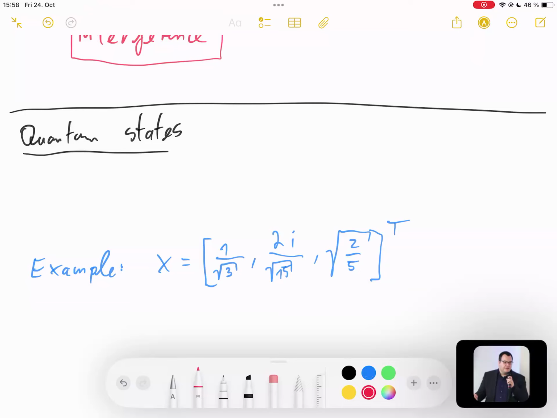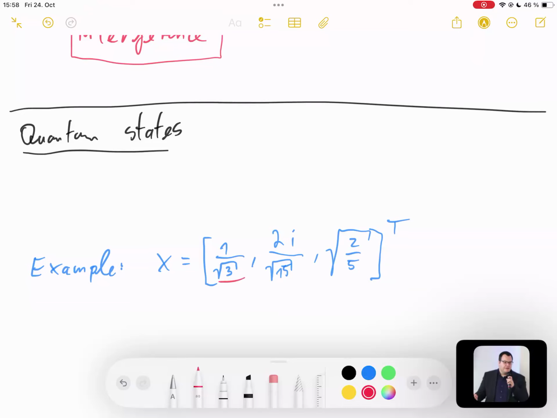What we see here is that the first entry only has a real component. Here we only have the imaginary component, again a real component, but all of them are complex numbers.